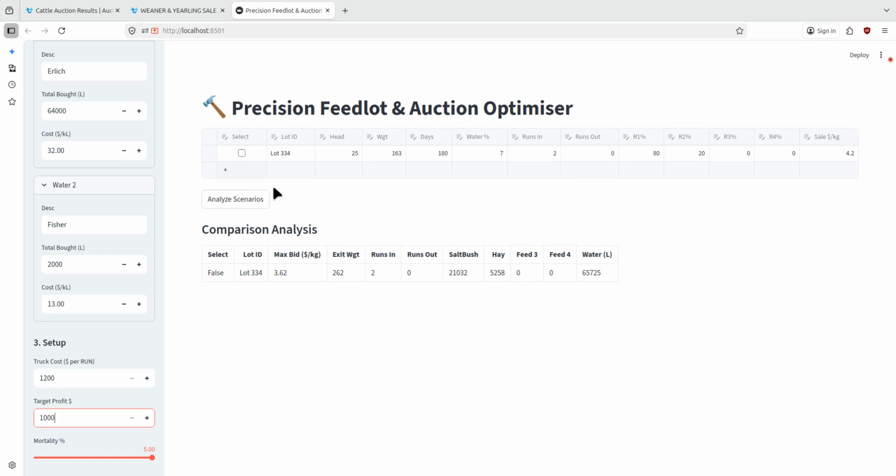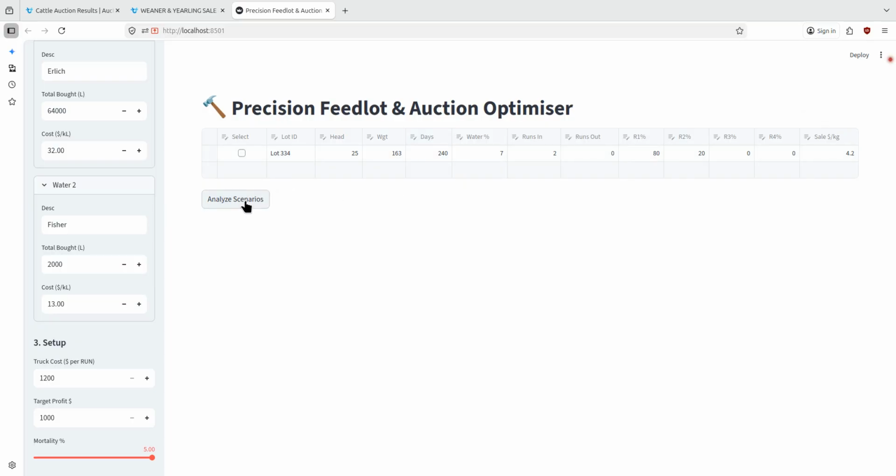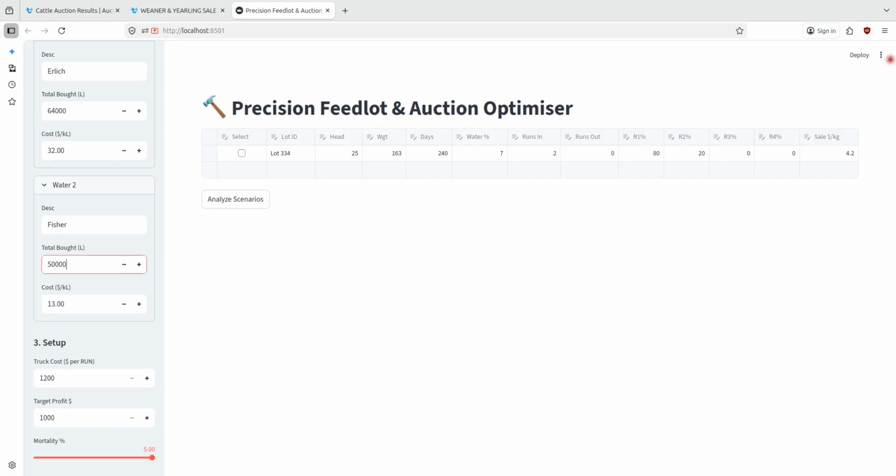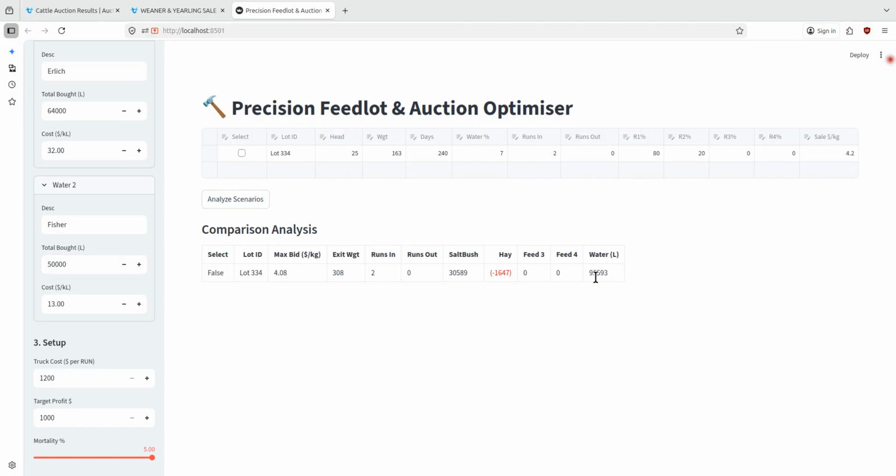So let's change something and make it 240 days, and that'll give me a better price to buy at, but I need more hay and water. So I'm going to have to buy and go get from the standpipe 50,000 litres there to cover myself, because I've got 95 and that's 64 and 50.